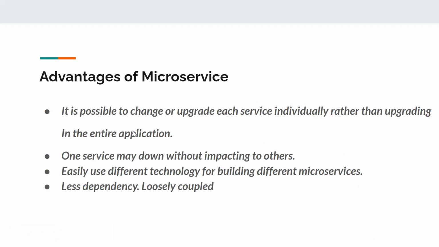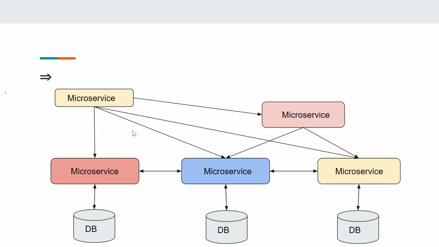In this architecture there is microservice one, two, three, four, five, with their own DBs, and each deployment is a separate project. So there is not much dependency in the code.